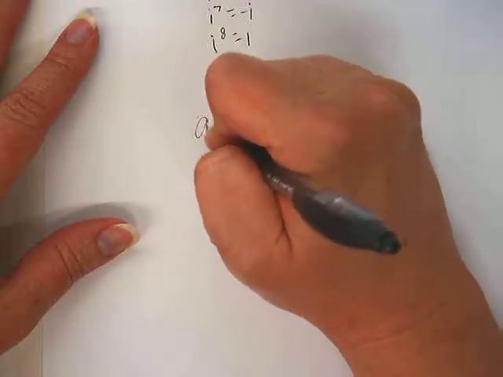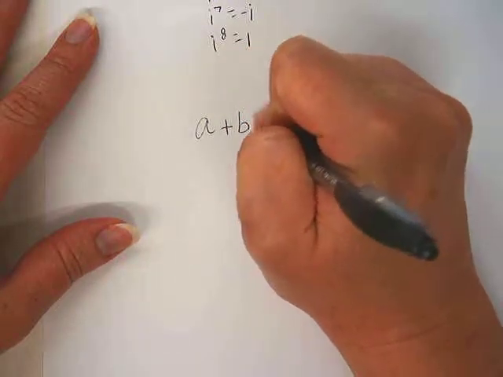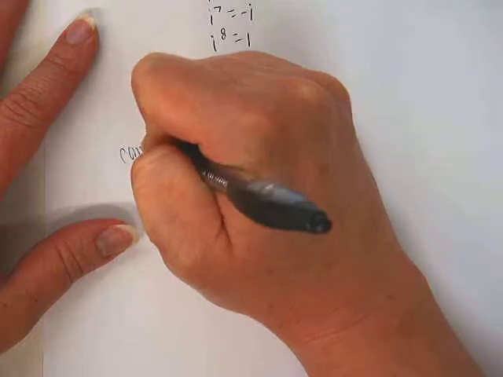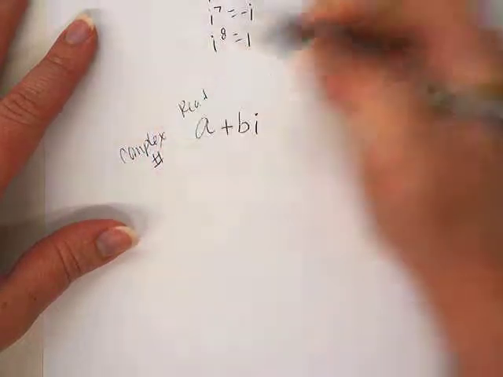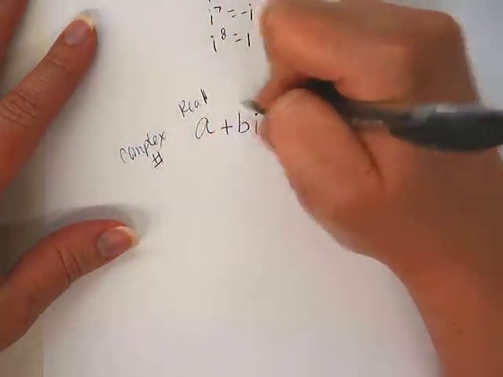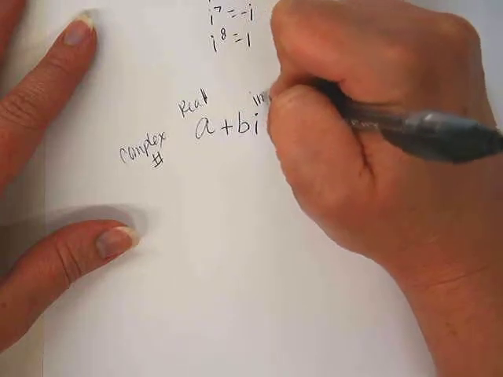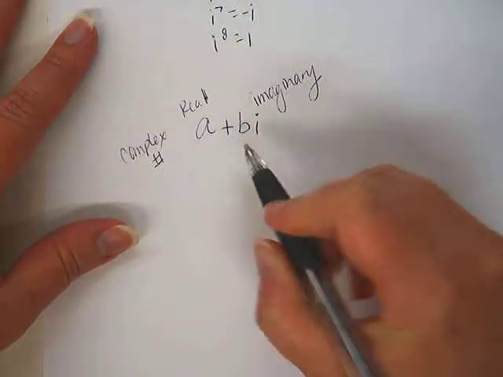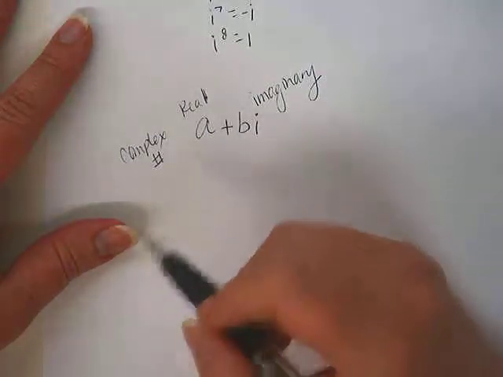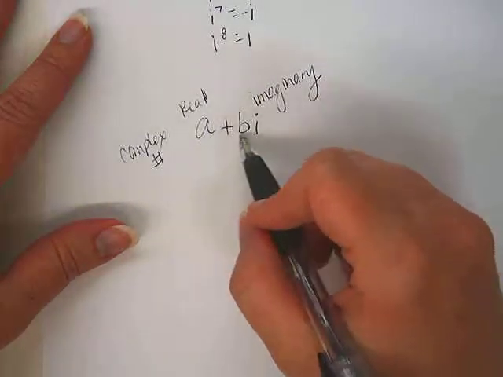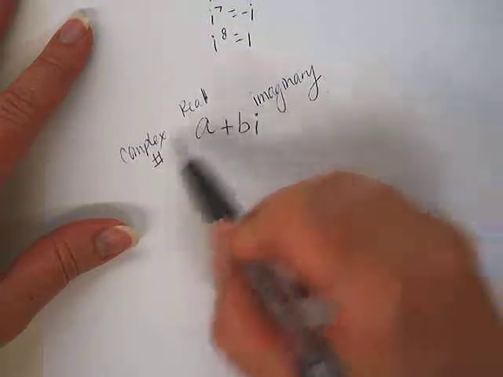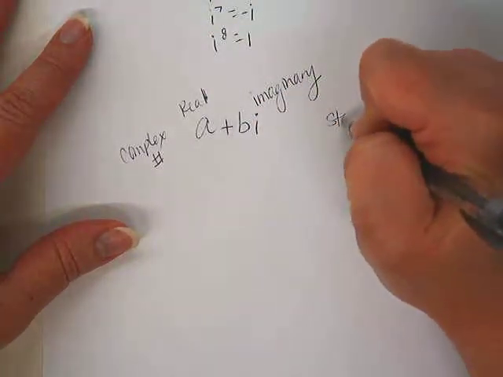So a complex number is called complex because it has a real part and an imaginary part. So a represents the real part of our complex number, and b represents the imaginary part. And of course these are integers, so this could be negative, this could be negative.